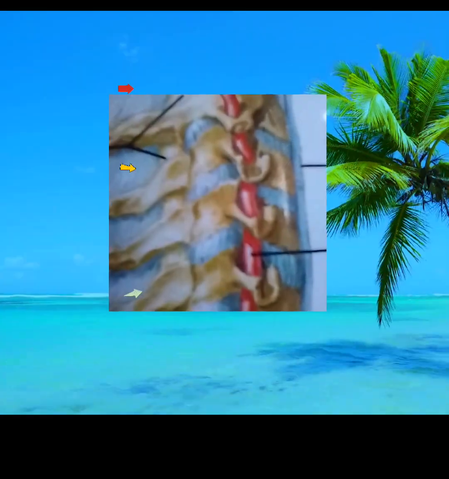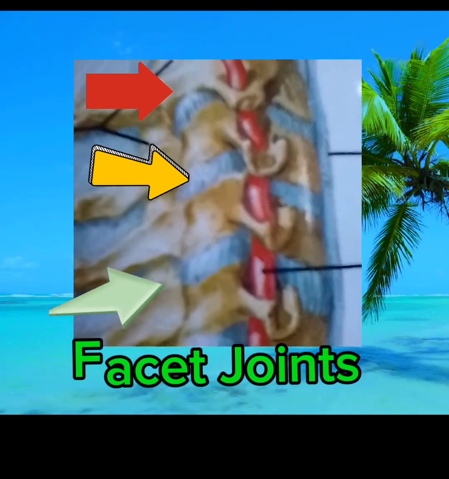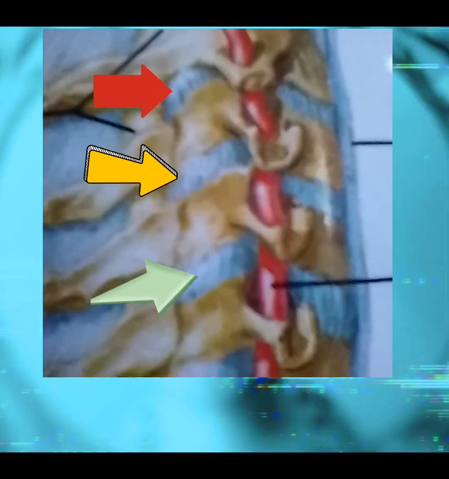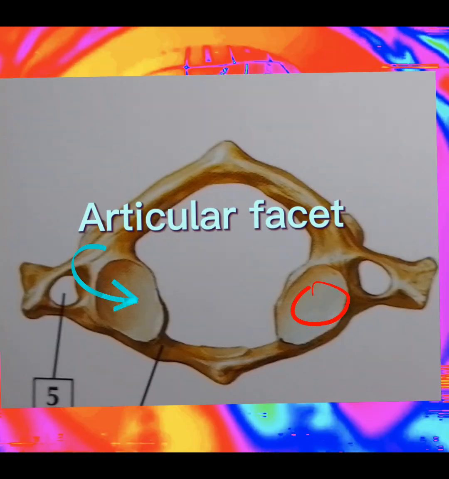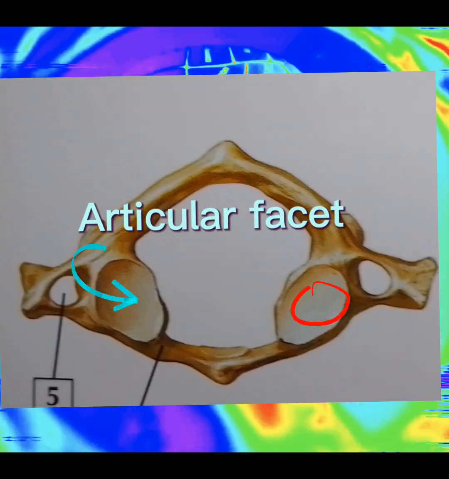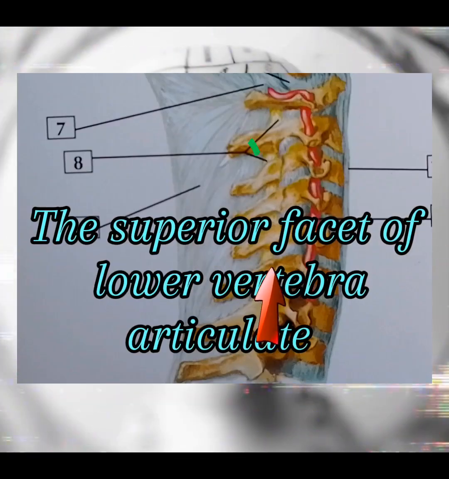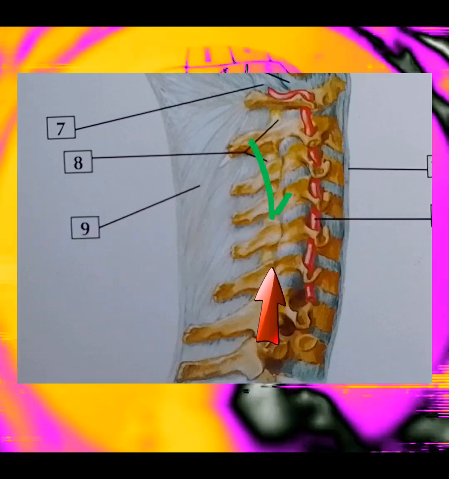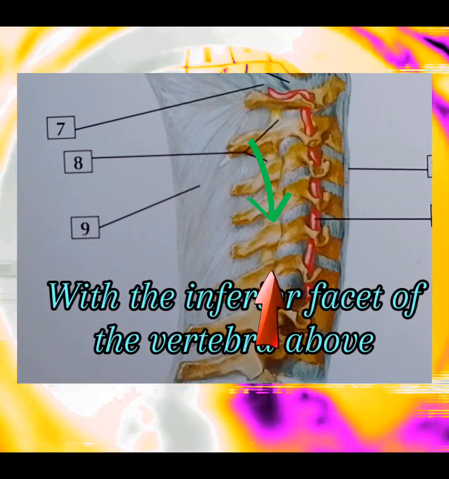Facet joints are symmetrical synovial joints lined by a fibrous capsule that connect the articular facets of the vertebrae. The superior facet of the lower vertebra articulates with the inferior facet of the vertebra above.